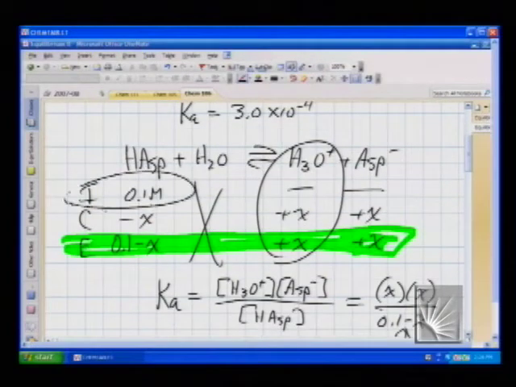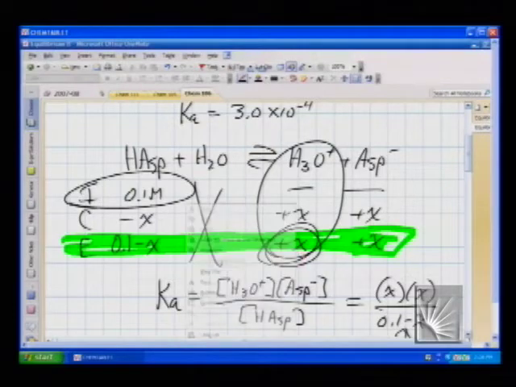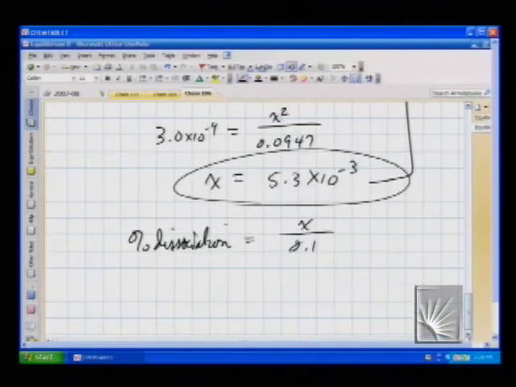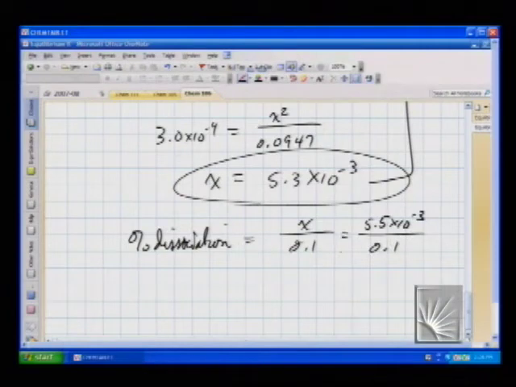That was my initial concentration. X is the amount I got when it dissociated. And so if I take the percent dissociation as how much did I make, divided by how much did I start with, I get 5.5 times 10 to the minus 3 divided by 0.1 equals 5.5%.